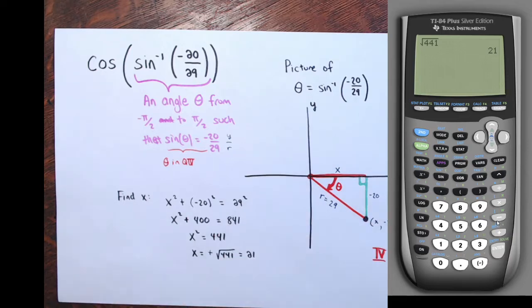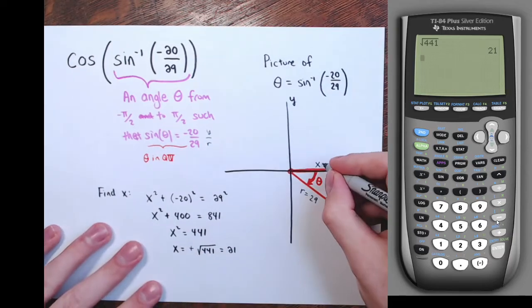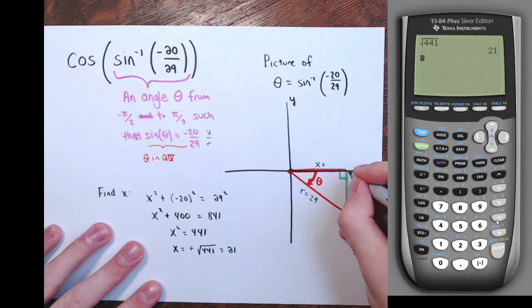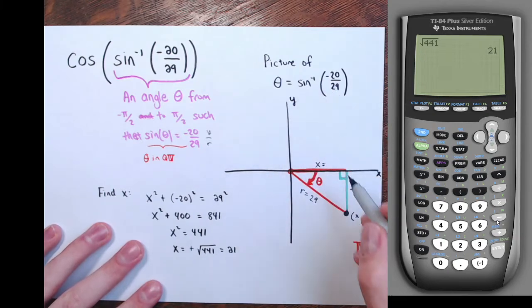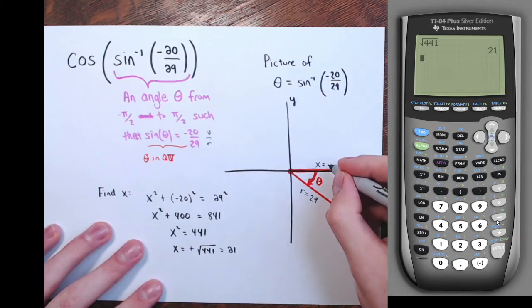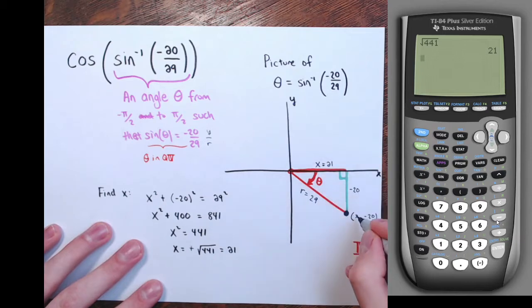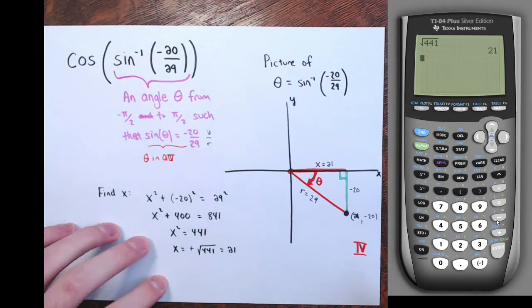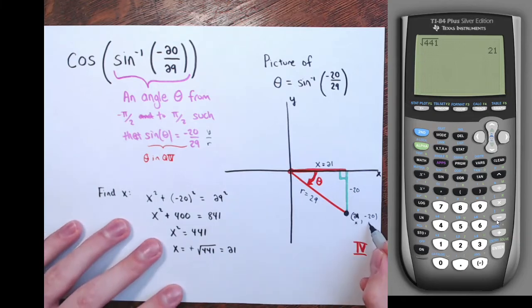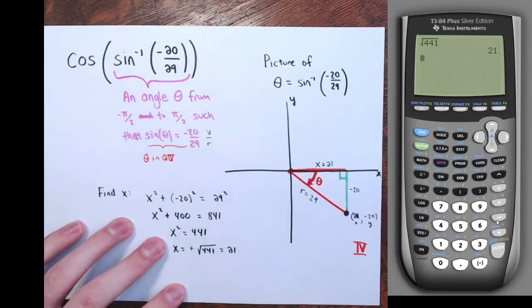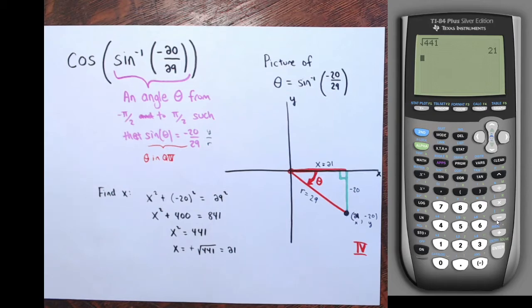So back on my picture, this adjacent side to my angle, the inverse sine of negative 20/29, has a length of 21 units. The x coordinate is 21 for this point on the terminal side. So I've got the x coordinate, the y coordinate, and how far it is from the origin, that r. So now I can find anything.